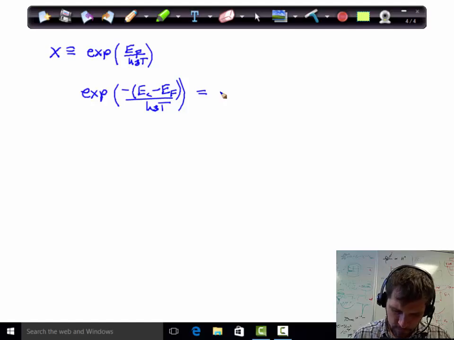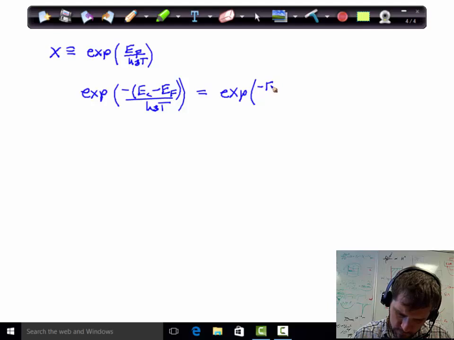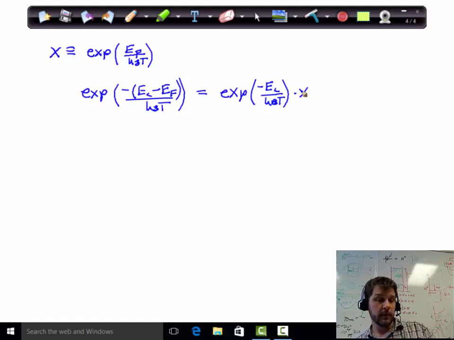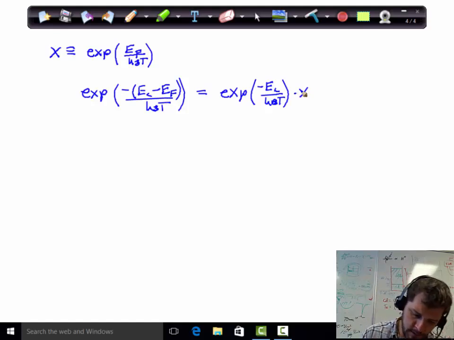So this would be exponential to the minus EC over kBT, and then you've got a minus sign distributed over to the EF, which becomes a positive. And so instead of writing out that whole thing again, we just pop in the x there. So if you start making substitutions like this, what you'll realize is this factor here, exponential of minus EC over kBT, is actually just a numerical constant.